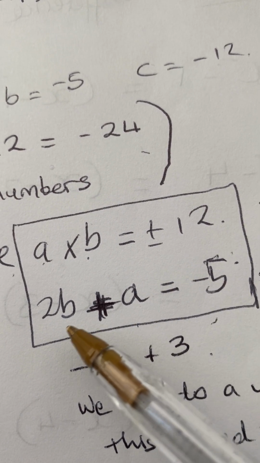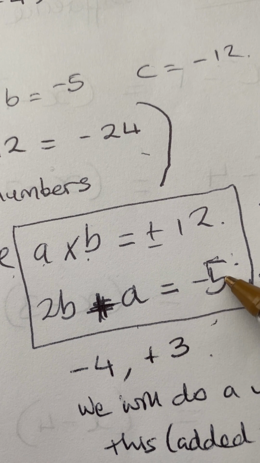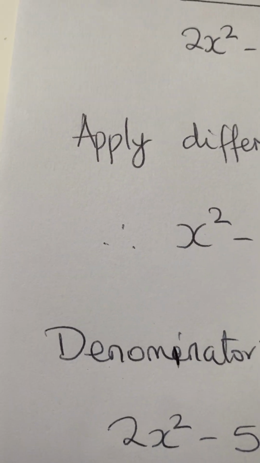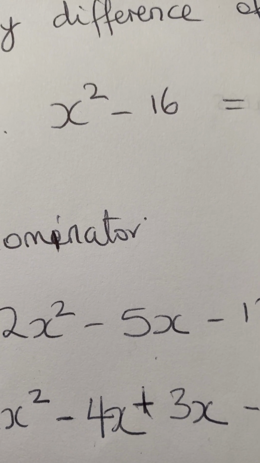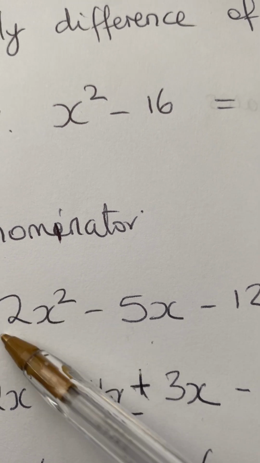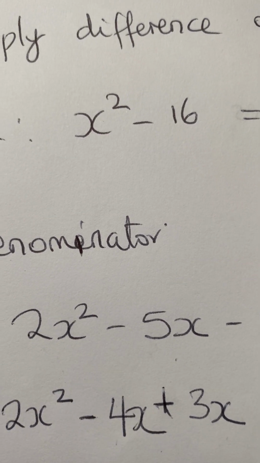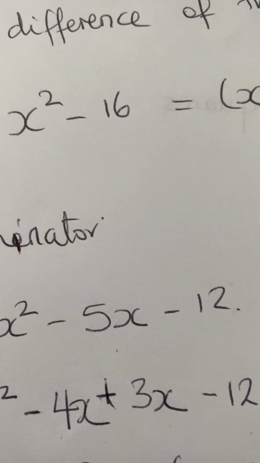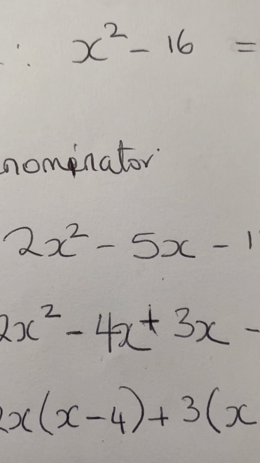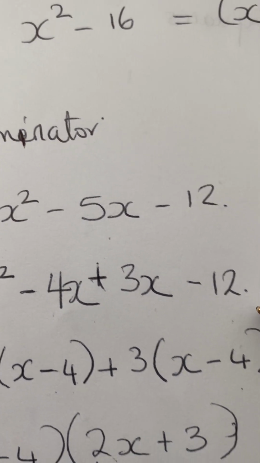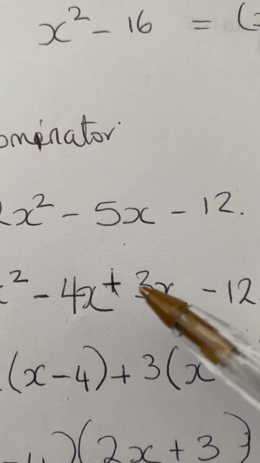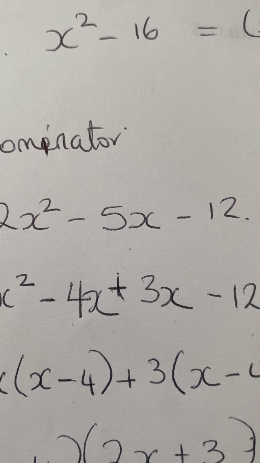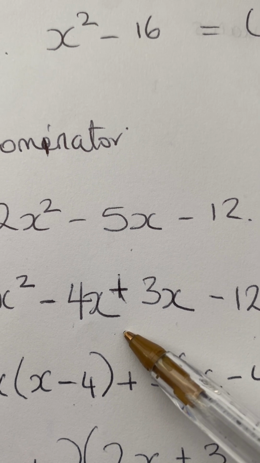And then 2b plus a should be minus 5. So my target is plus or minus 12 and minus 5.